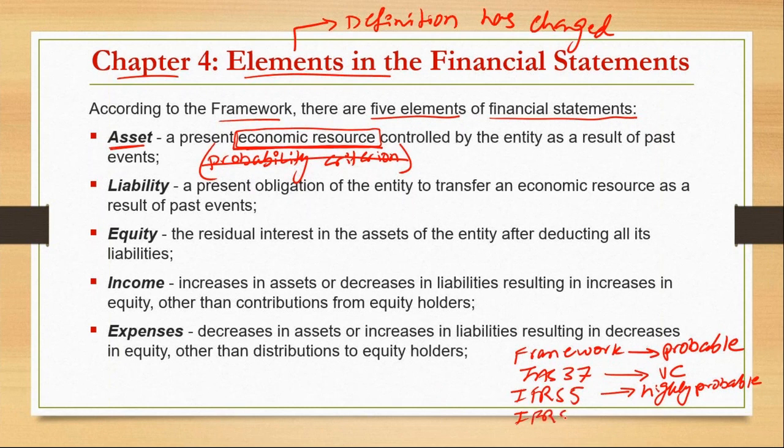And IFRS 3 even records the contingent asset in the financial statements at the date of acquisition. So it records the asset when the inflow is probable. And IFRS 15 includes the values when it is again highly probable.